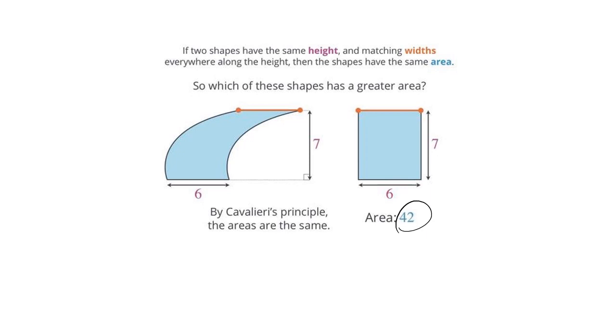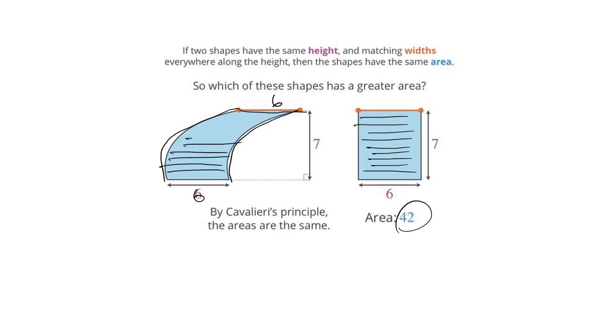We could look at all of these individual slices that are obviously all 6 units long. This is still 6 up here. This is still 6 down here. These two sides are parallel, so they stay equidistant. And so this still keeps the same area of 42.